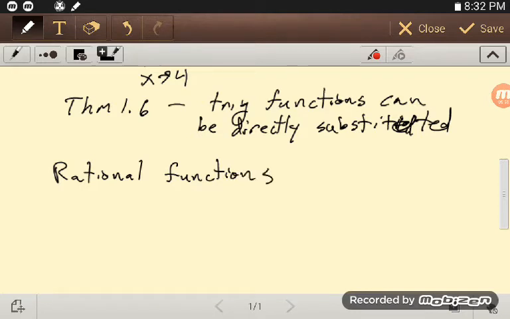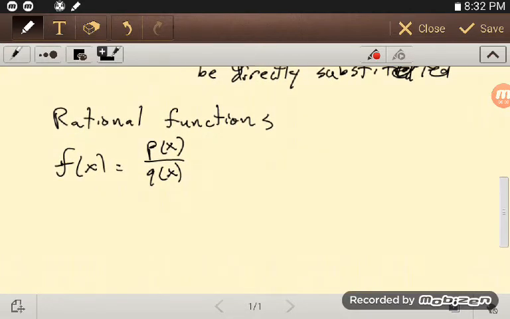Remember, a rational function is some f of x, or you could call it r of x, that's one polynomial, p of x, over another polynomial. We did this in the previous video, and it turns out I get 0 over 0. Everything else is fine.